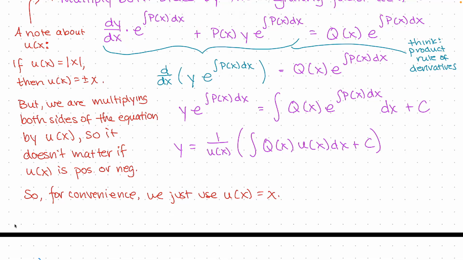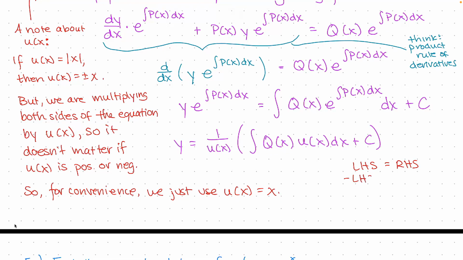I don't think that doing an example is really going to explain that any better, because we aren't going to go through the steps that I have here. We're just going to jump right to the final general form. So remember, the key is, if you have the left-hand side equal the right-hand side, and you multiply by a negative on both sides, you get negative left-hand side equals negative right-hand side.